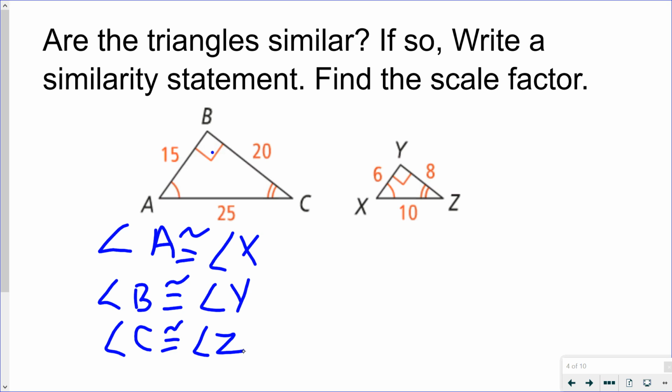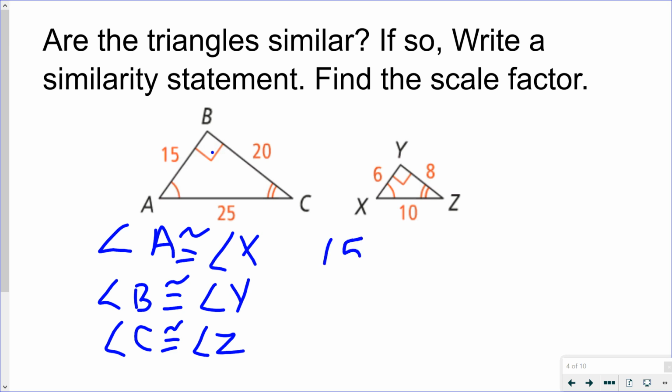So far we see that corresponding angles are congruent. Now, in order for these two triangles to be similar, their corresponding sides' ratios must be the same. So we're going to set up a ratio of segment AB to segment XY.